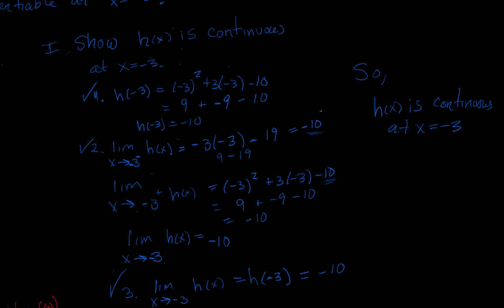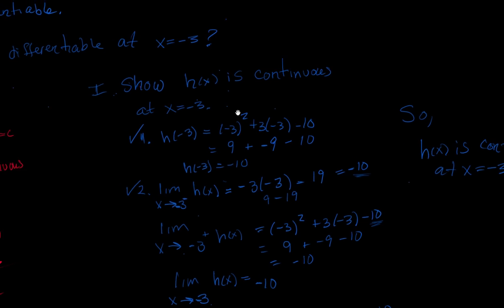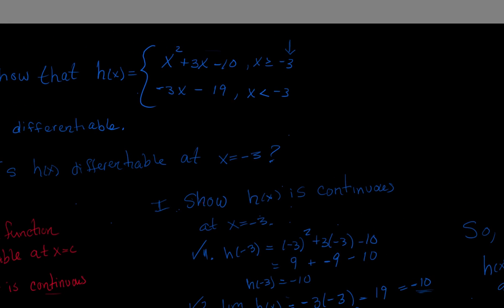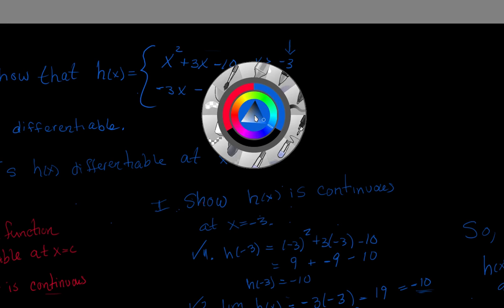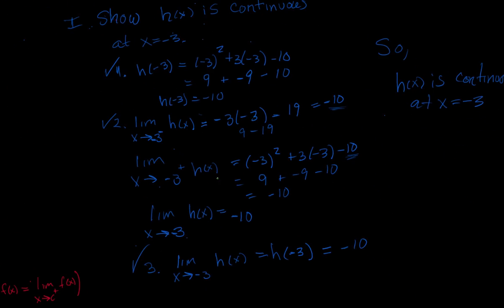By the way, that means it's continuous everywhere, since we know that a parabola like this on its own is always continuous, and a line like this on its own is always continuous. The only place to worry about is where that parabola and that line are being glued together at x equals -3, and we showed that it's continuous there also, therefore it's continuous everywhere.